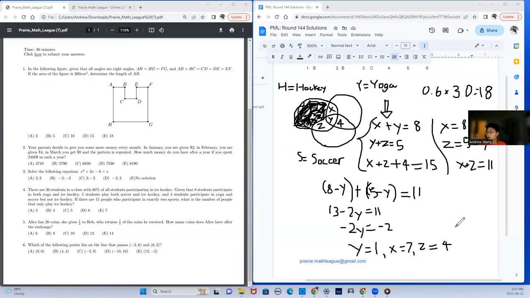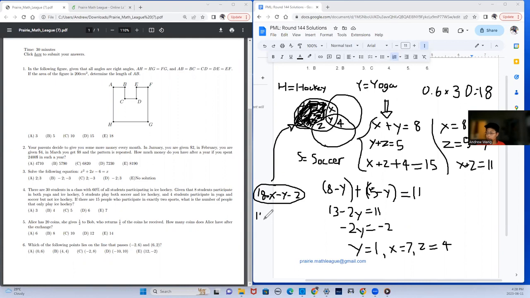And so the total number of people who play hockey, whether they do 3 sports, 2 sports, or only hockey, is 18. So 18 minus X minus Y minus Z will equal this shaded region, which is the amount of people who only play ice hockey.